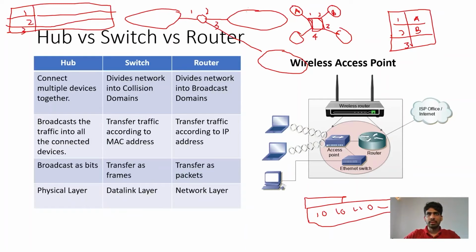Just think the networks are A, B and C. So when a computer in this network sends a message to a computer in this network, the message first comes to the router, then the router checks which network it is going to and forwards it accordingly to that port.